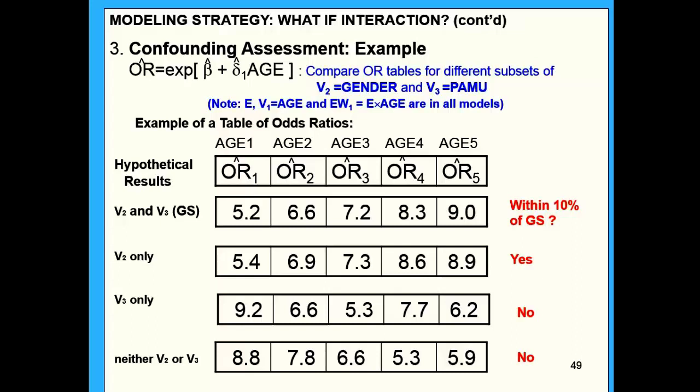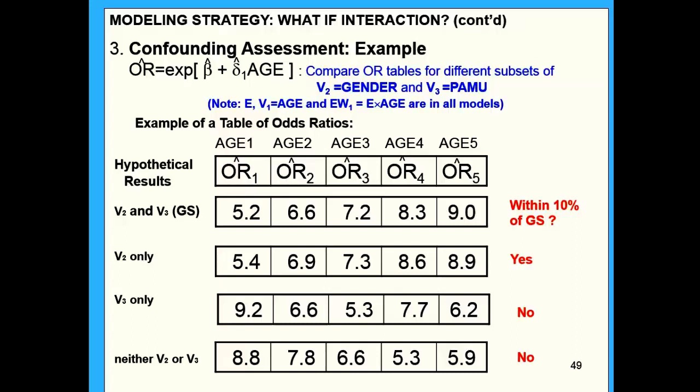Okay? It's the same idea as if you didn't have interaction, it's just more complicated because now you have a table of odds ratios. And so now it's more of a problem because you have a number of odds ratios to look at. It's more subjective. Now, I'm just trying to give you an example where it's pretty clear-cut what you do, but you might not necessarily get something as clear-cut as this.